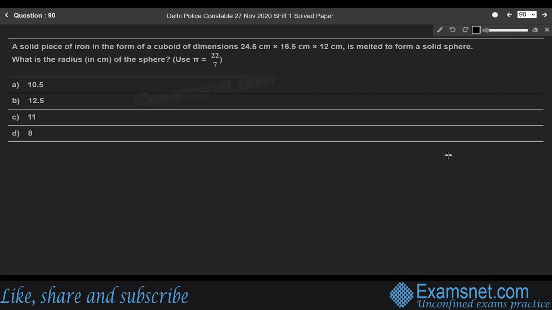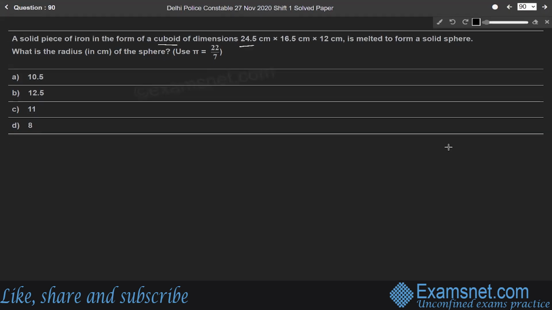Question 90. A solid piece of iron in the form of a cuboid of dimensions 24.5, 16.5 and 12 centimeter is melted to form a solid sphere. What is the radius of the sphere? Take pi as 22 by 7.